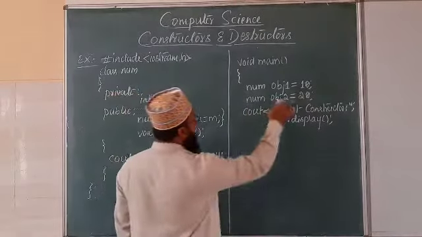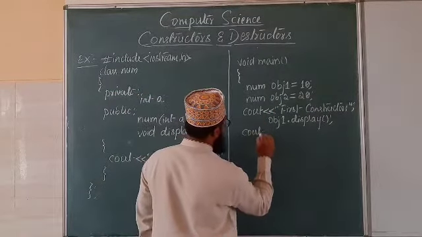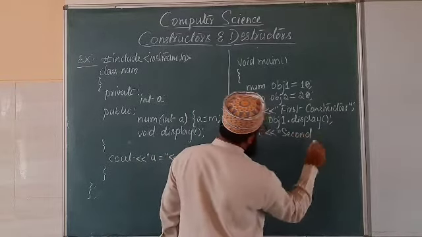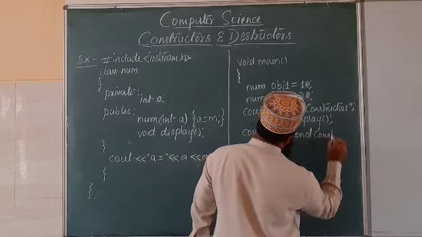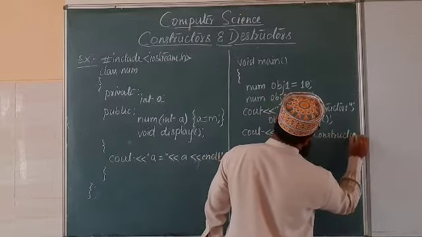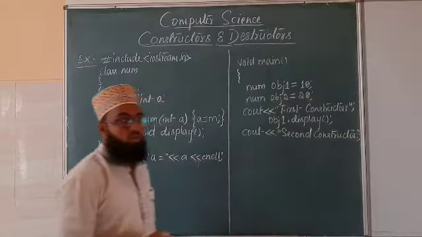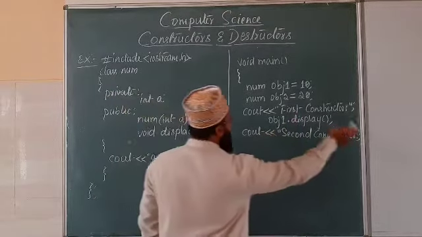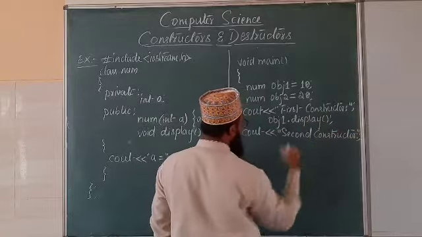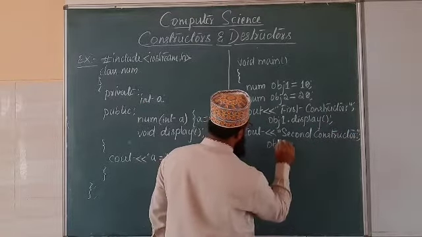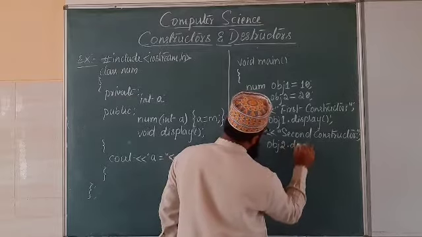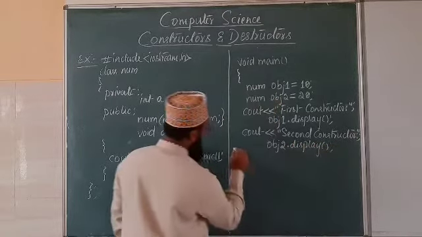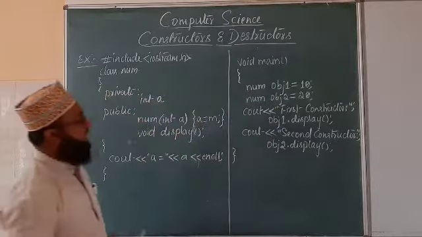Then cout second constructor. Then close. Okay, these two, then continue there itself. Here no space is there, so I am writing dot object2 dot display. Then close the main function.